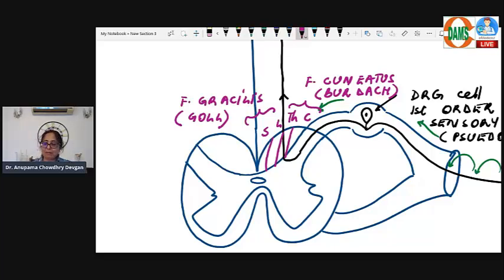Remember, C for cervical, C for cuneatus. Sacral and lumbar fibers are in gracilis. Thoracic and cervical fibers are in cuneatus. So this is the arrangement of fibers of the posterior column: sacral, lumbar, thoracic, cervical.